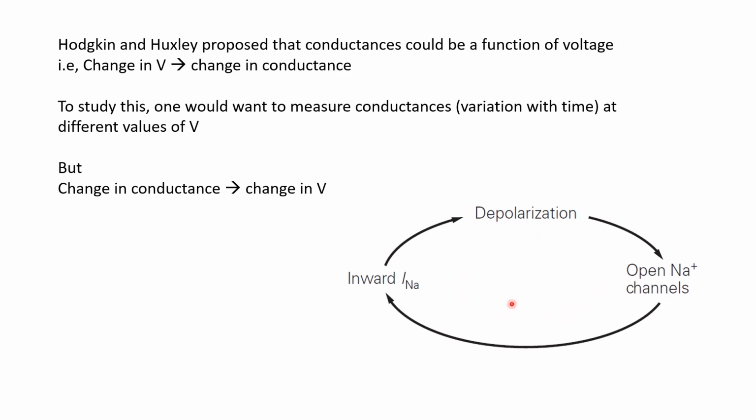What would be nice is if the membrane potential rises and then stays steady at a particular value, then we can measure the sodium conductance at that value. But because the membrane potential is continuously changing, it is difficult for us to measure the sodium conductance as a function of voltage. So a solution to this problem is obtained by voltage clamp, which allows us to fix the voltage at a particular value.